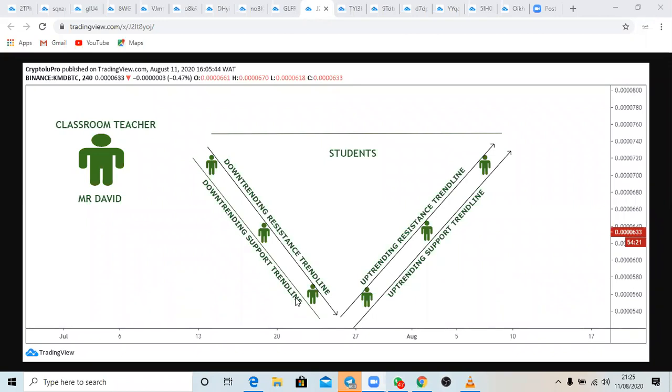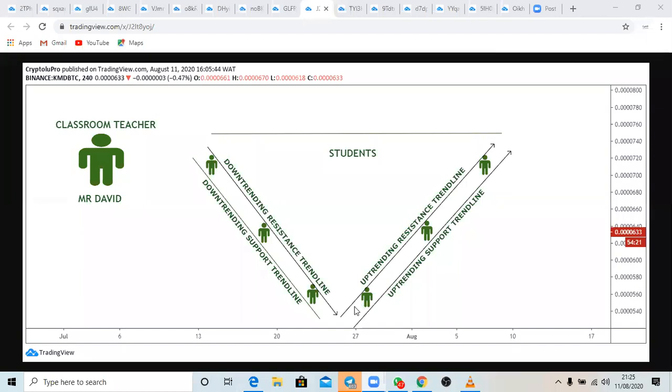Emmanuel Omole said maybe the fourth student forgot something, so he needed to go back. Now, when the fourth student broke out of this trend line here, we all know that the fourth student is outside the trend line already.